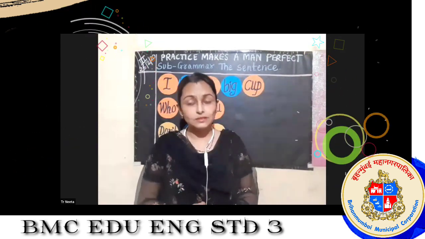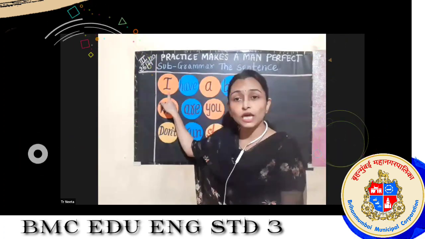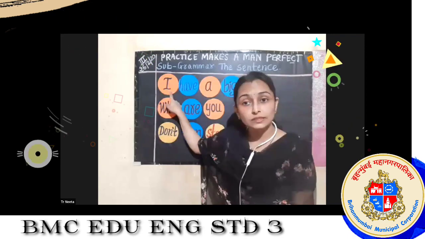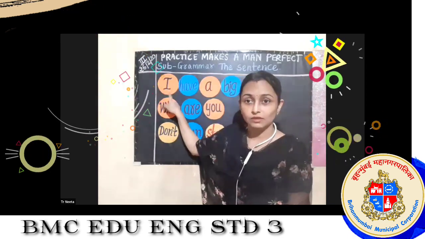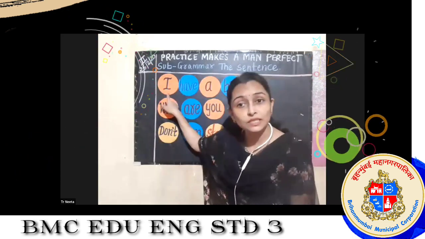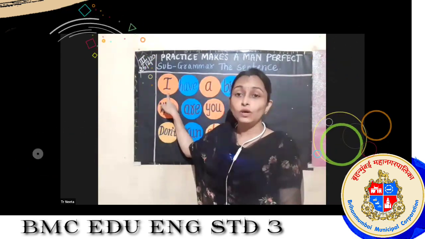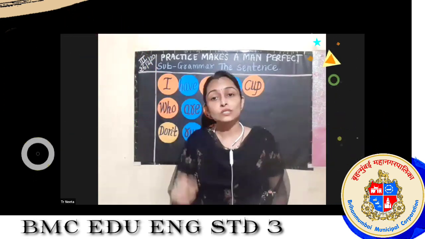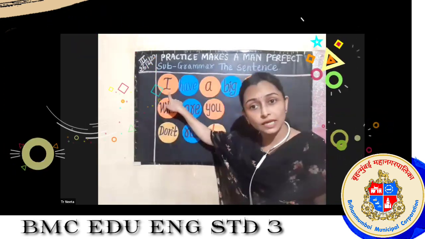First rule is, children, every time whenever you begin a sentence, you have to write it in capital letter. For example, here I have written I. Now is I a capital letter or not? So every sentence, whenever you start writing, you start with the capital letter.